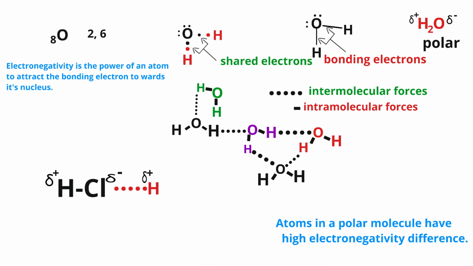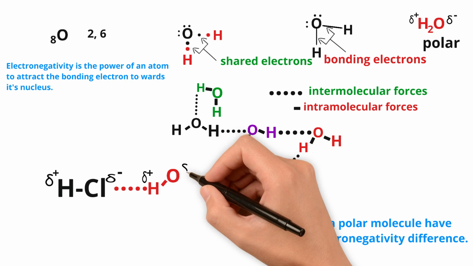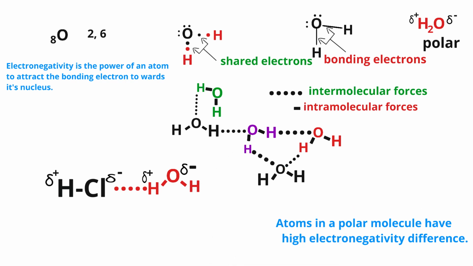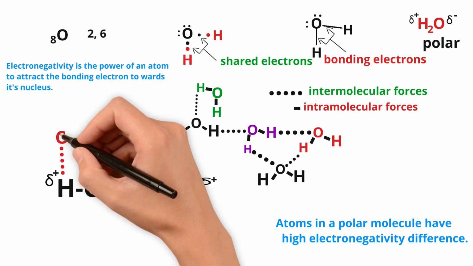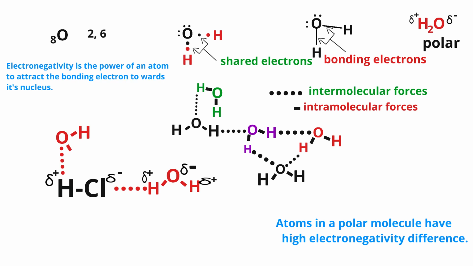This is a broken line between HCl and water molecules. We call it intermolecular force. So HCl and water, the force that exists between HCl and water, we call intermolecular force. Again, hydrogen of HCl is bonded with oxygen of water by intermolecular force.